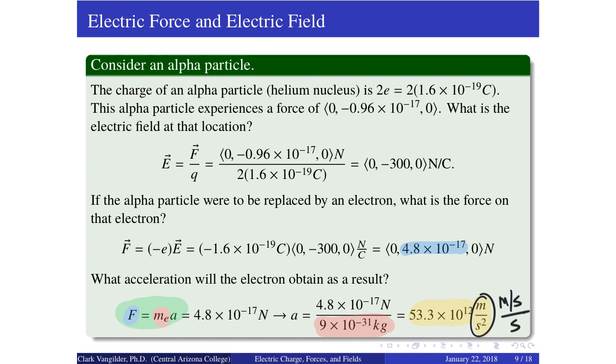So that means every second under this force, if it were physically possible, this electron would obtain a speed greater than the speed of light. Because the speed of light is 3 times 10 to the 8th meters per second. And we're talking about 53.3 trillion meters per second every second.